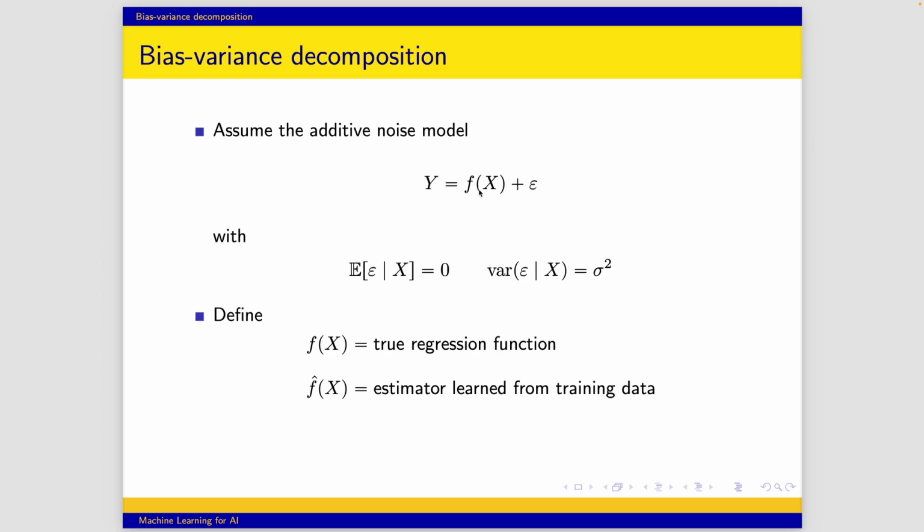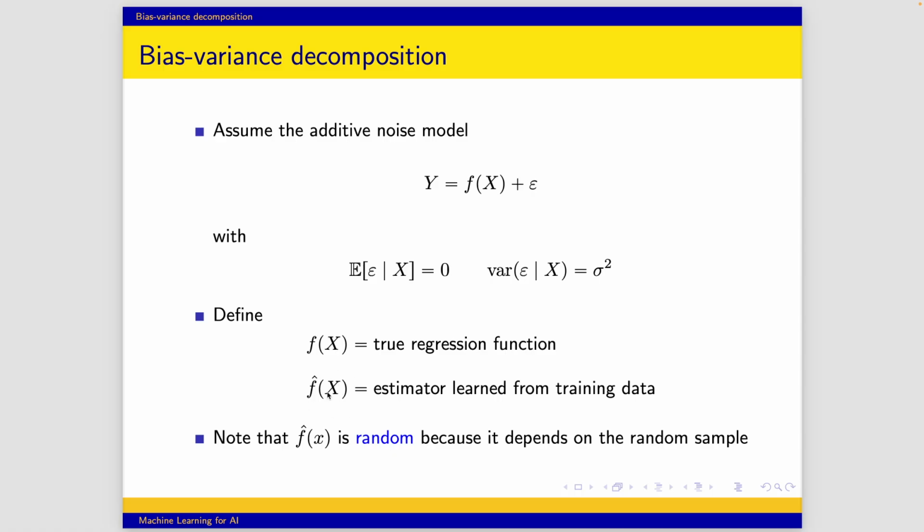So f of x here, I'm assuming, is our true function. And I'm going to label the estimator that we come up with from our supervised learning procedure f hat of x, the familiar notation that I've been using. So this is something that depends on training data. It's a random variable. So it's random in x, but it's also random in the training data.